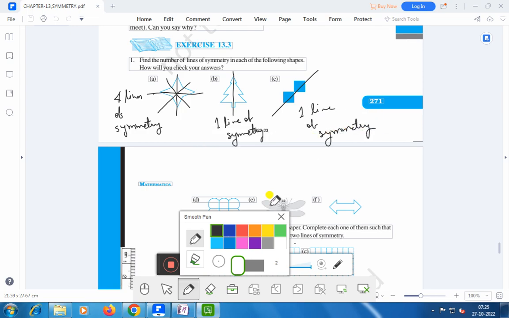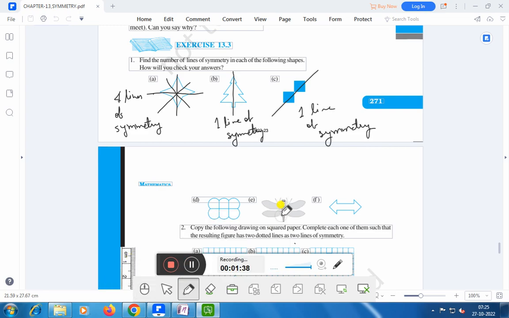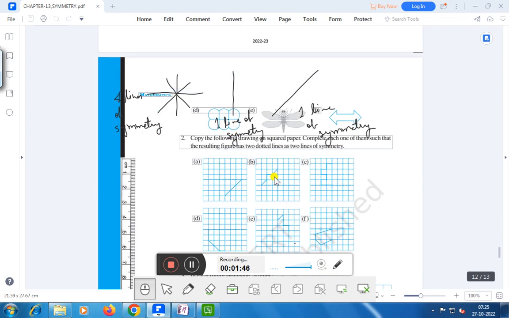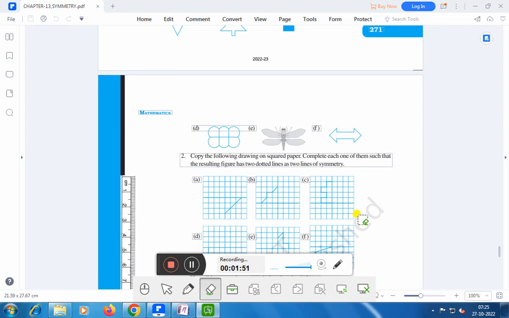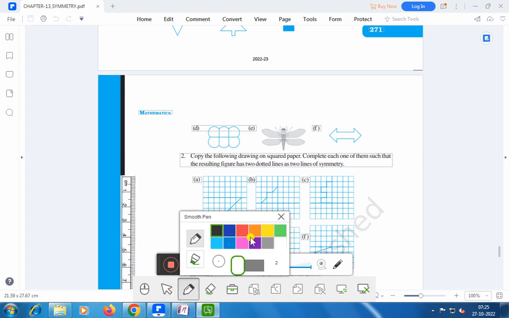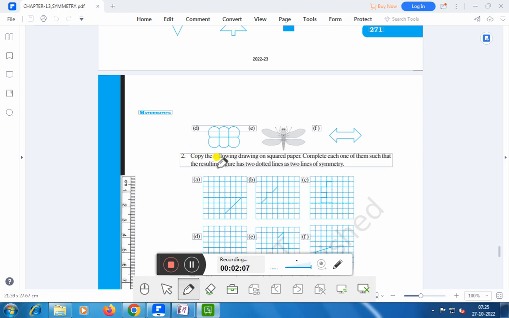Right? Now question number E. What is question number D and E? Question number D, E and F. In question number D, we have only this line of symmetry, 1 and 2.